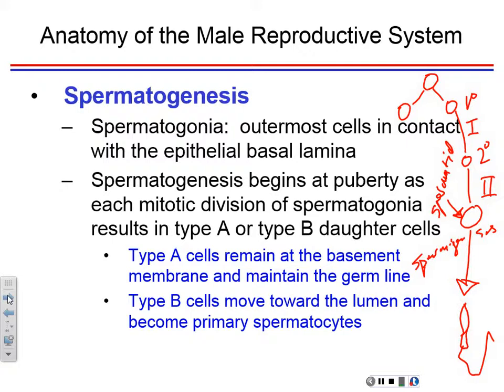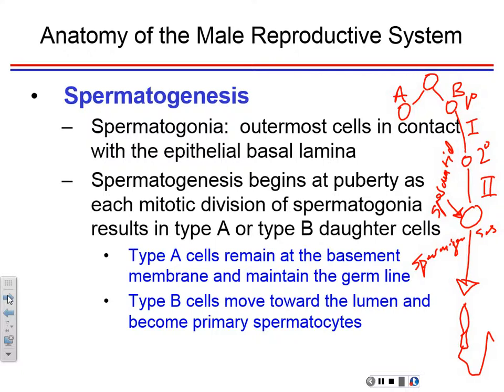So this is the type A and type B cell. The type A cell continues as a spermatogonium to maintain the cell line, so you produce more spermatogonia, and then it divides again into two. One becomes the primary spermatocyte, the type B one. The first division is just a mitotic division to increase the number of cells, a multiplication division, with diploid cells of 46 chromosomes. The second division is meiosis, which occurs in two stages, meiosis 1 and meiosis 2.